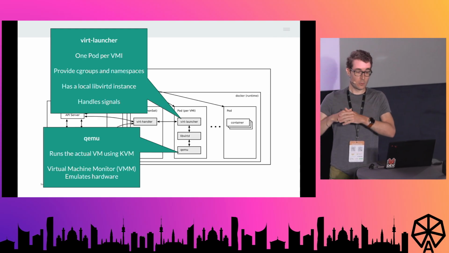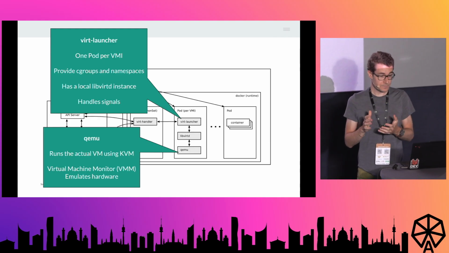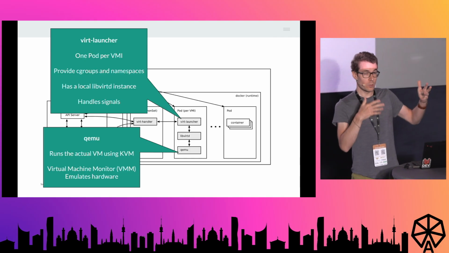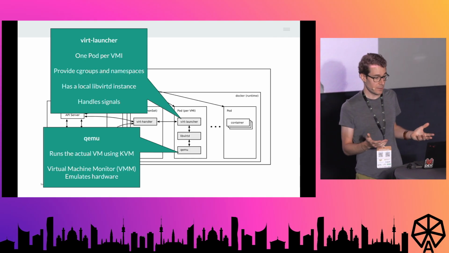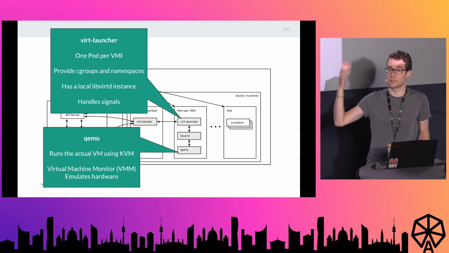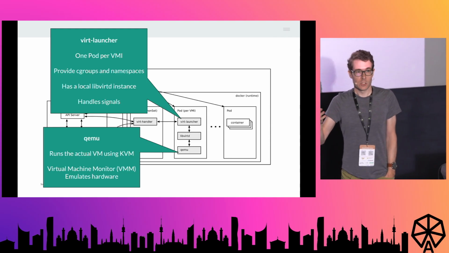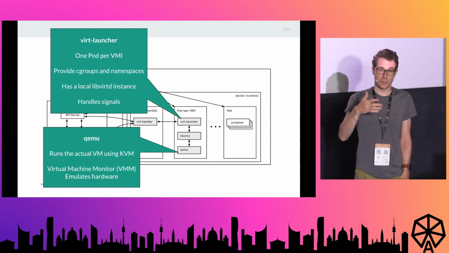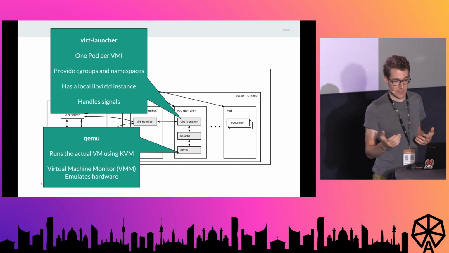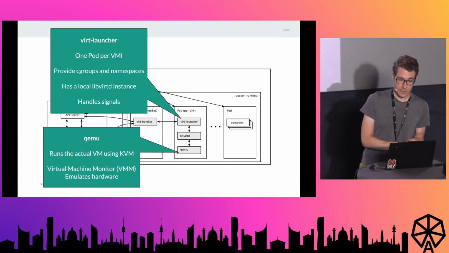It has all the cgroups and the namespaces that are being used, just like a normal pod. And one important thing that is normal for normal container images, but not for VMs, is that it also handles signals. So when we stop a pod, what should happen to it? Should the VM be terminated or not? Or should it be moved to another instance? Things like that are handled by this, let's say, wrapper pod.